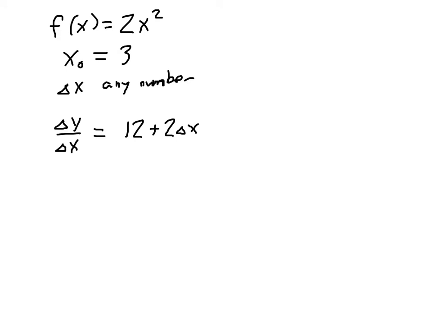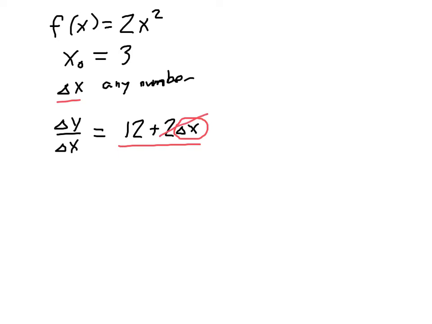So to summarize, for the function 2x squared and an initial time of 3, if delta x is any number, so any time interval, then the average velocity, delta y divided by delta x, is given by the formula 12 plus 2 times delta x. So as we find the average velocity over shorter and shorter time periods, we're letting this delta x get closer and closer to 0. Well, as delta x gets closer and closer to 0, twice delta x is also getting close to 0.